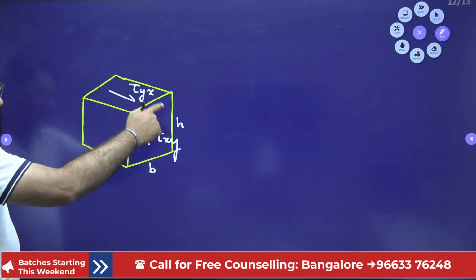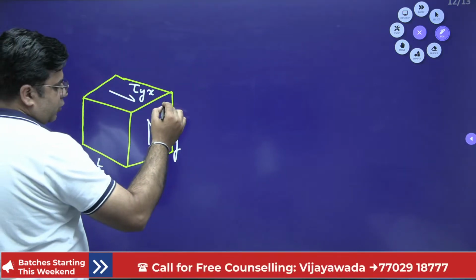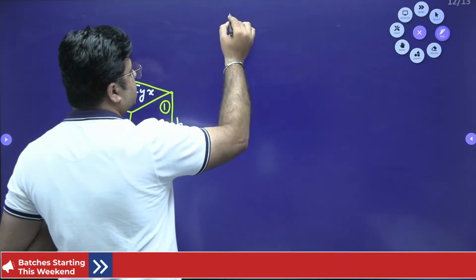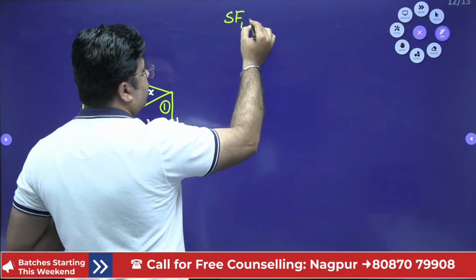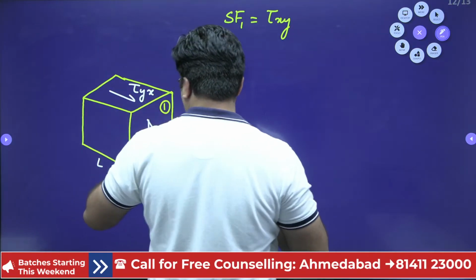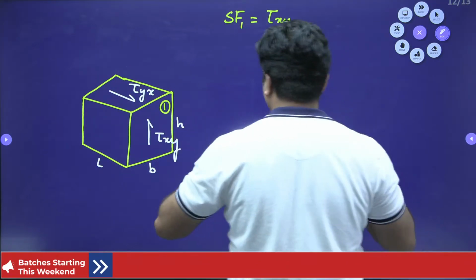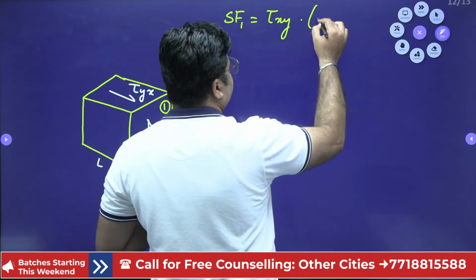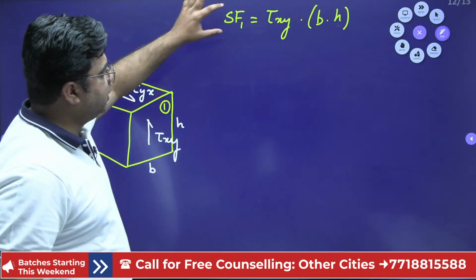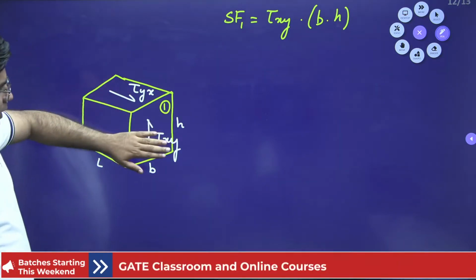So if you write the total shear force acting over this first plane, it is tau xy into the area of this plane, which is B into H. This is the total shear force acting over this plane.